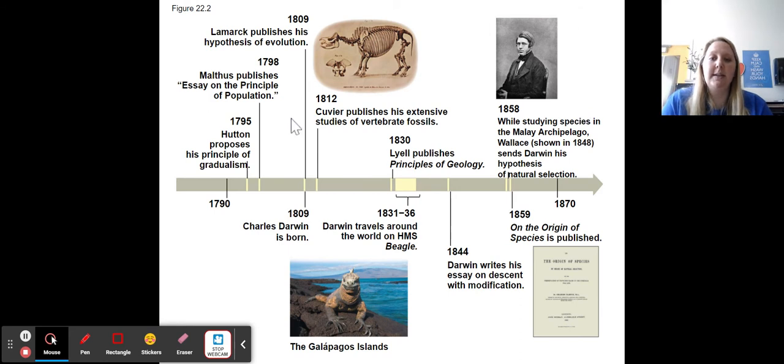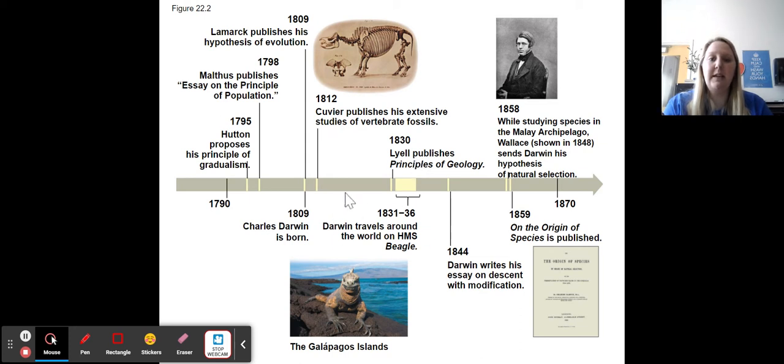Darwin was influenced by a series of scientists. He was born in 1809, but he was influenced by Hutton, who proposed the principle of gradualism, Thomas Malthus, Lamarck, by whom he was very strongly influenced, Cuvier, and Lyell.